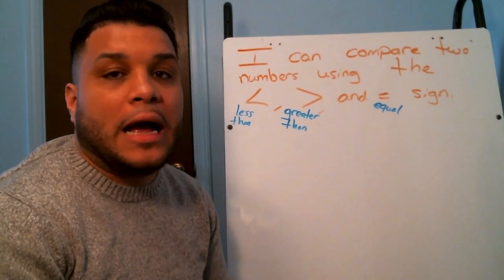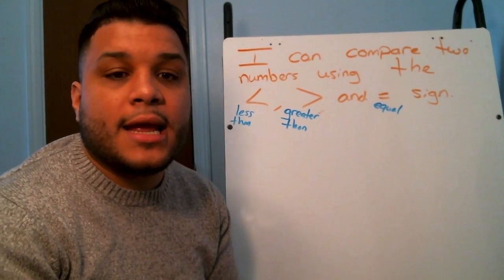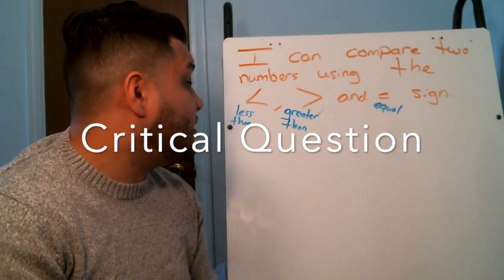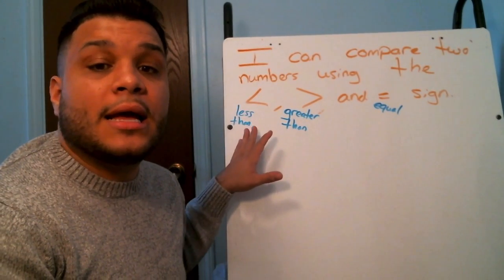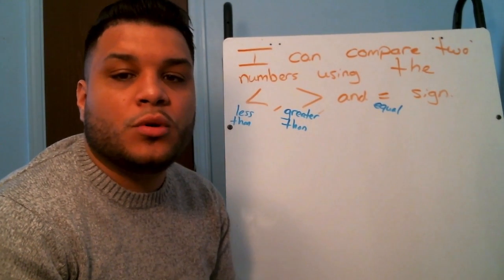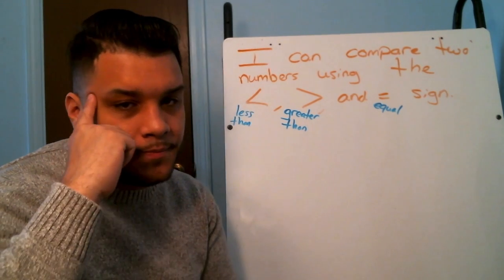Before we jump into our examples, I want us to think of our critical question today. When identifying greater than, less than, or equal to, which place value should we look at first? Let's think about that.